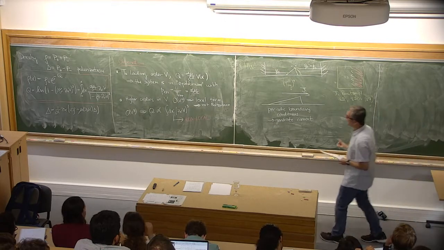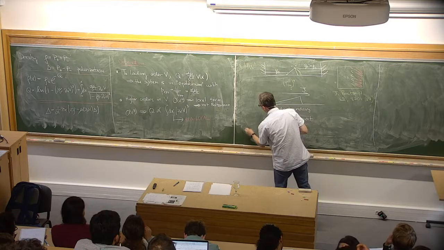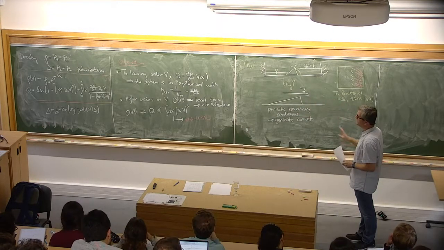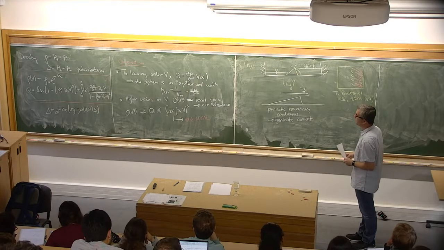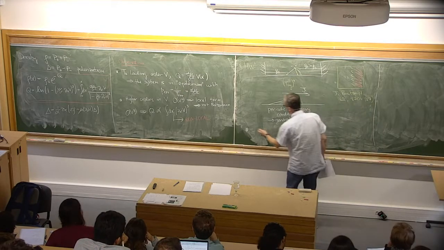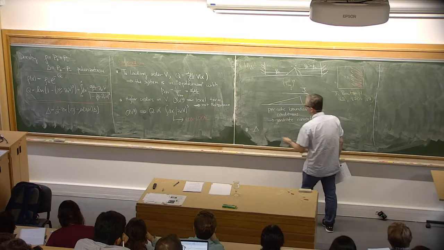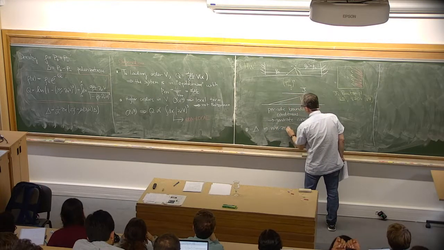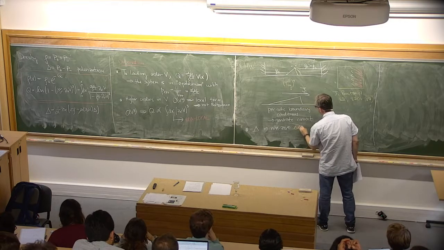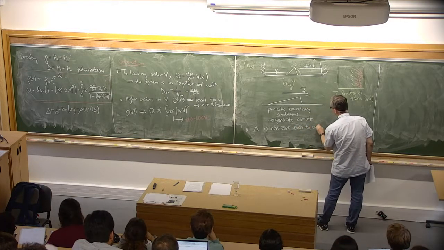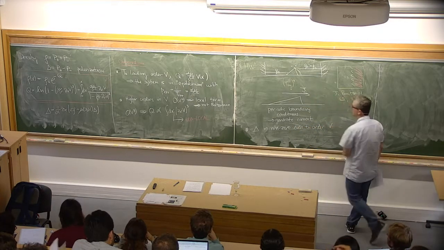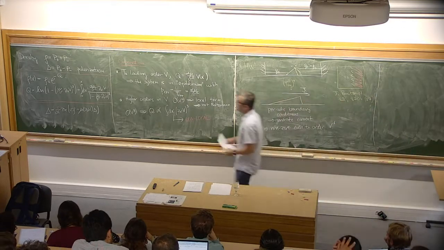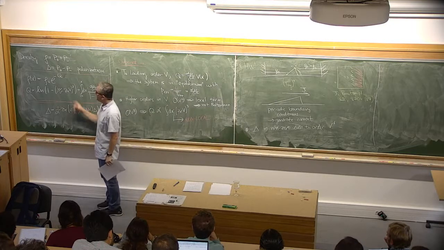The last thing I want to emphasize is more for the hardcore people who have followed some of the stuff on pressure. If you look at delta, delta is non-zero even to order v to the power 1. You could see this easily by using this expression perturbatively.